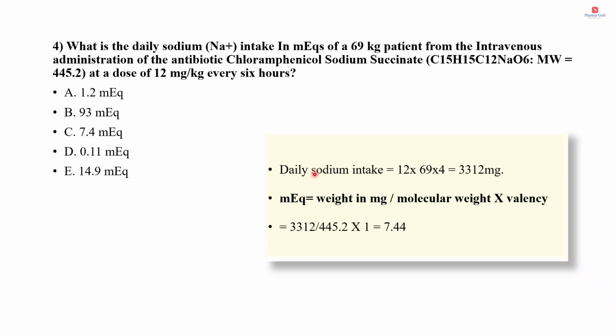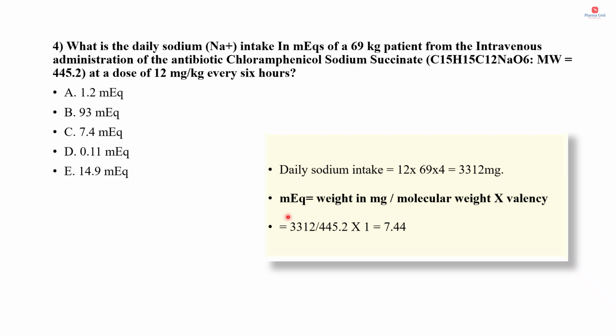The daily sodium intake will be equal to 12 into 69 into 4. 12 is the dose of the drug, into the patient's weight, 69 kilogram, into 4, because it is the frequency of administration. Every 6 hours means 4 times a day. So daily intake is 12 into 69 into 4, that is equal to 3312 milligram.